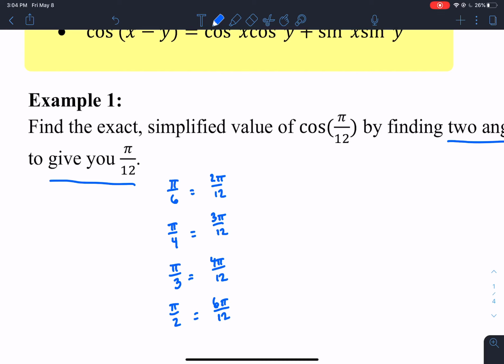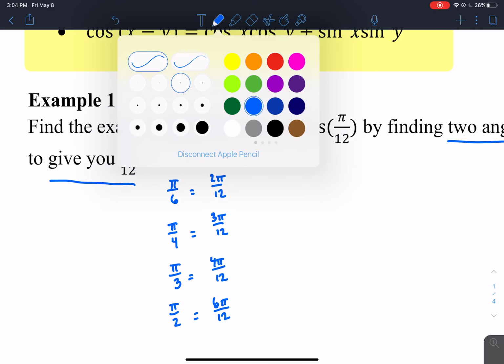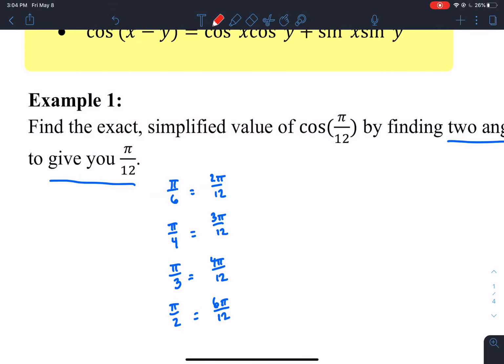Now there's a bunch of different ways you can do this. You don't have to do it the same way that I do it, but we should get the same answer at the end. So I'm going to choose pi over 4 and pi over 6 as the two angles. If I do 3 pi over 12 minus 2 pi over 12, it gives me 1 pi over 12.